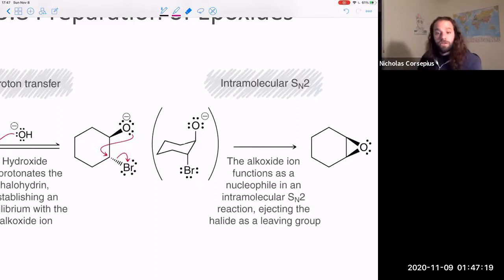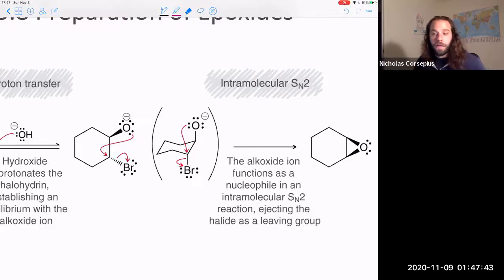If you want to look at it in the chair conformation, let's see how the conformation is going to be key here to creating this syn addition product. Notice that you have to have this trans halohydrin should it be locked in a ring, right? If it's not in a ring, it doesn't matter because you can always rotate around that single bond.